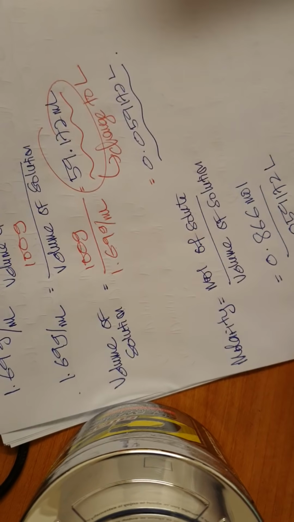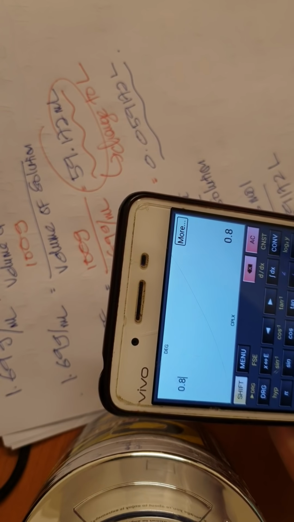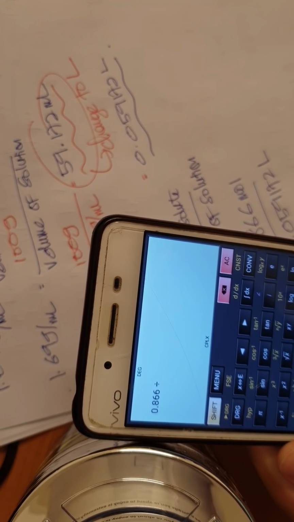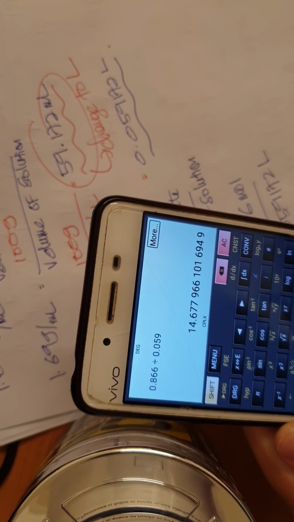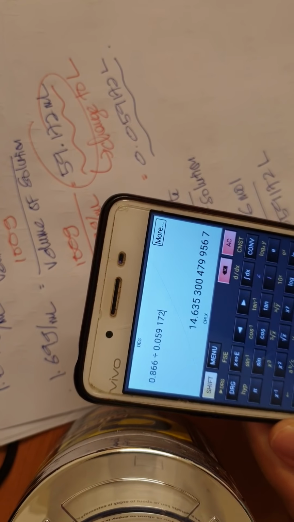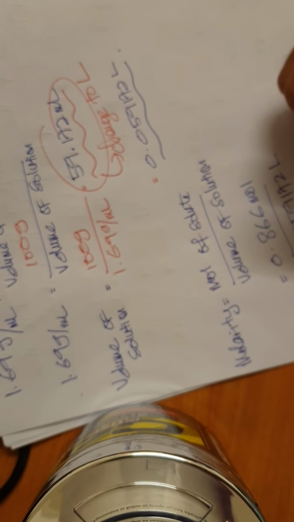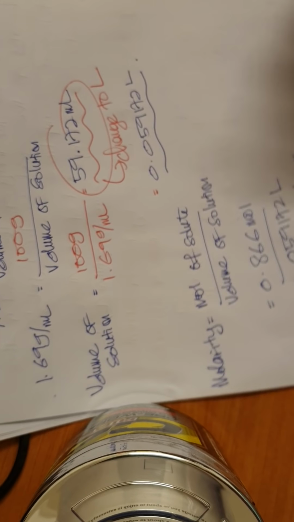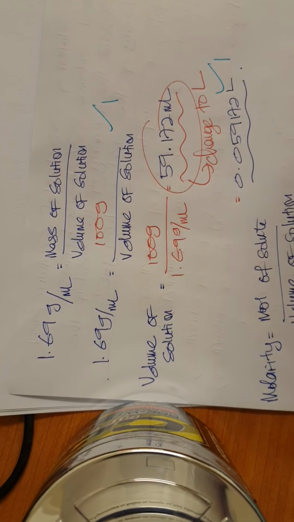So when you work that out, 0.866 divided by 0.059172, you've got 14.63. Okay, you've got 14.63 or 14.64 mole per liter. So this is gonna be your answer. So you're gonna get 1 mark here, 1 mark there, and 1 mark for that one.